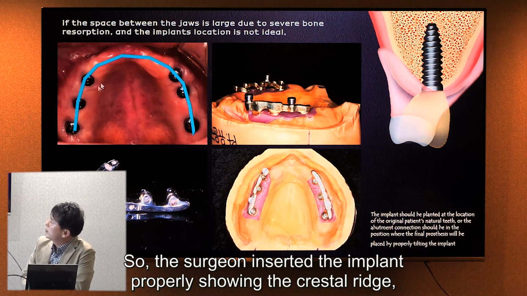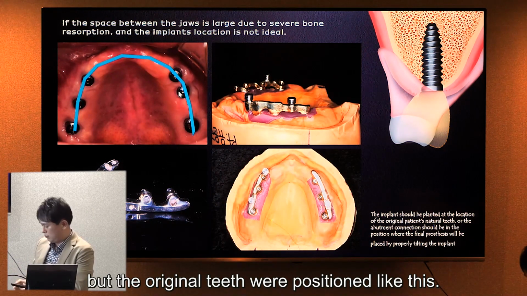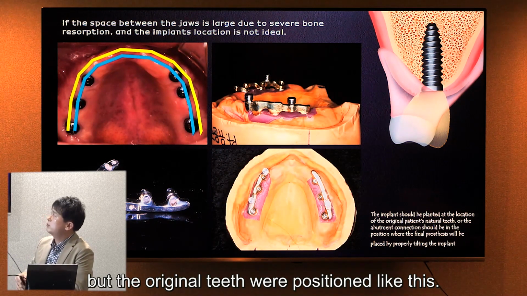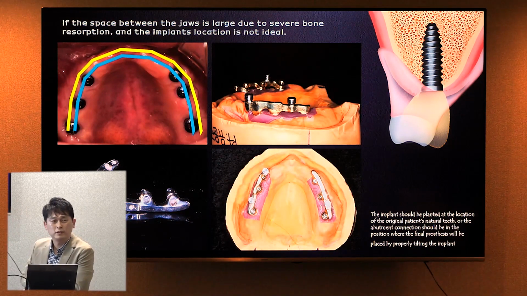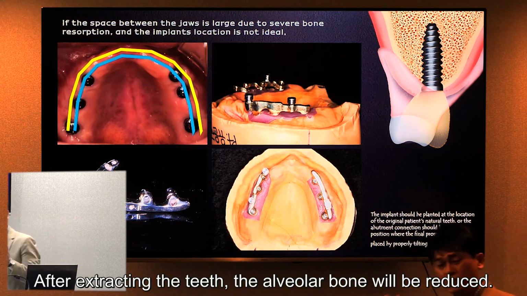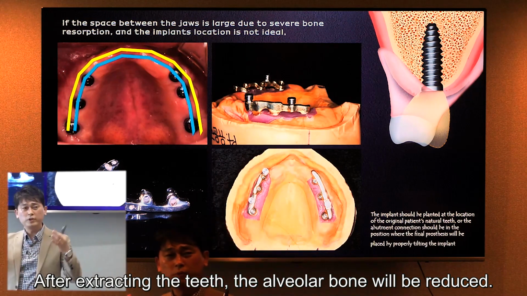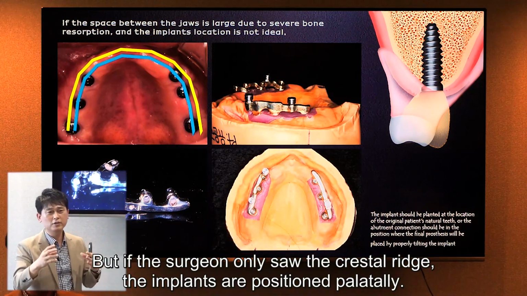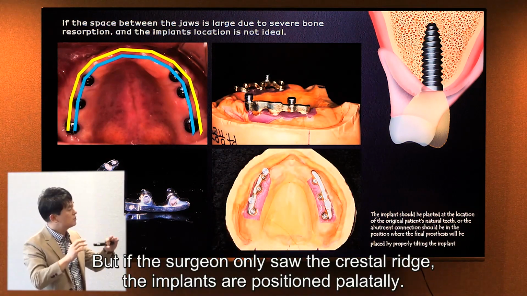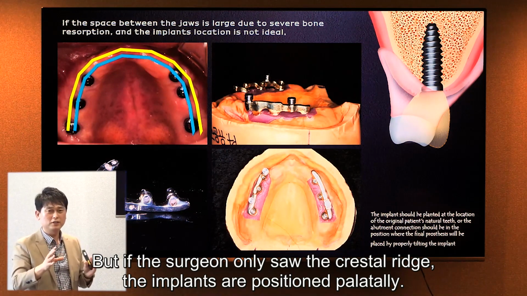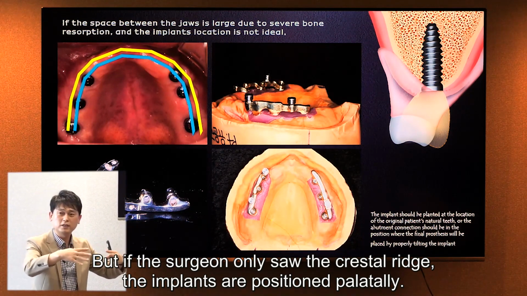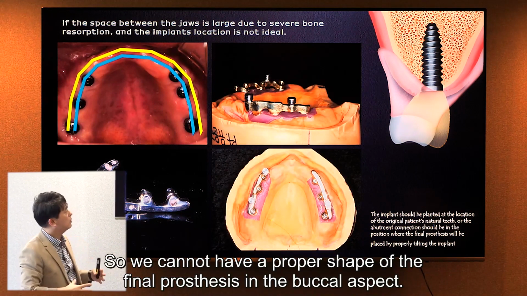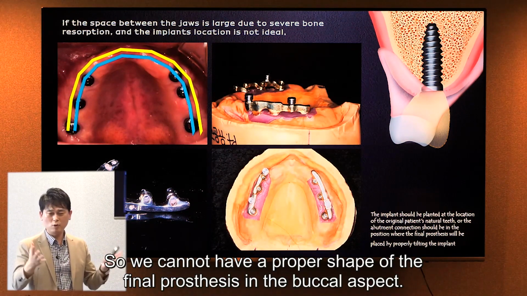So the surgeon inserted the implant properly, showing the crestal ridge. But the original tooth has to be positioned like this. After extraction of the teeth, the alveolar bone will be reduced. But if the surgeon showed only the crestal ridge, the implant is positioned palatally. So we cannot make the proper shape of the final prosthesis in the buccal aspect.